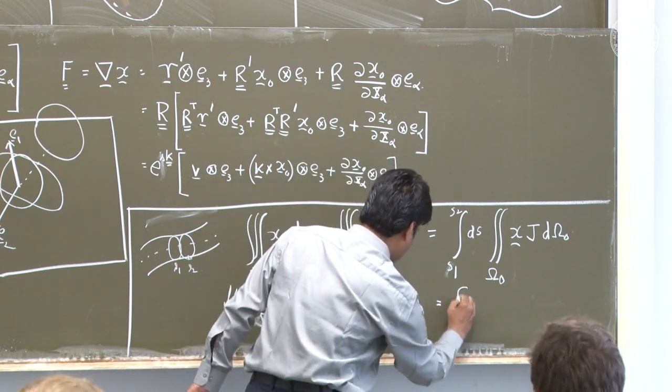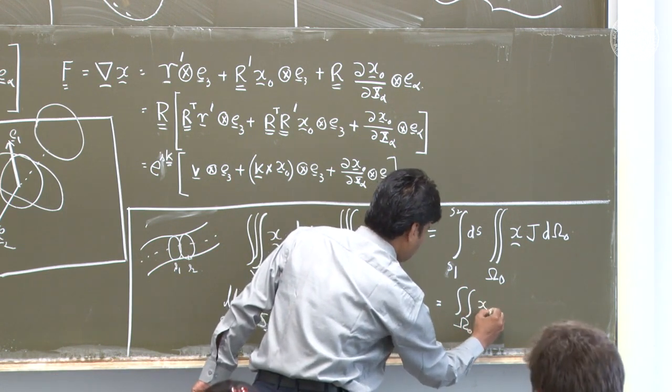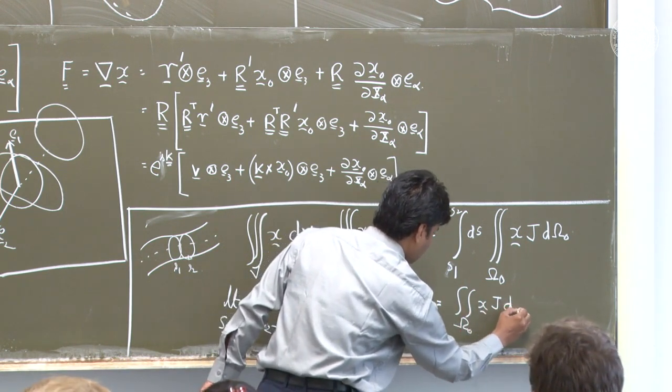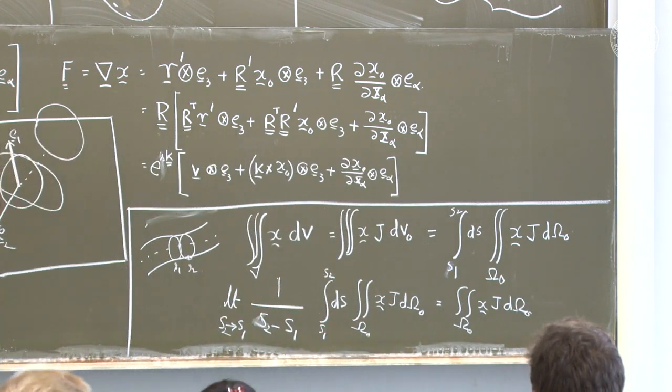And which would be same as integration over omega naught of little x Jacobian d omega naught. So, we get that Jacobian here if you want the geometric center.